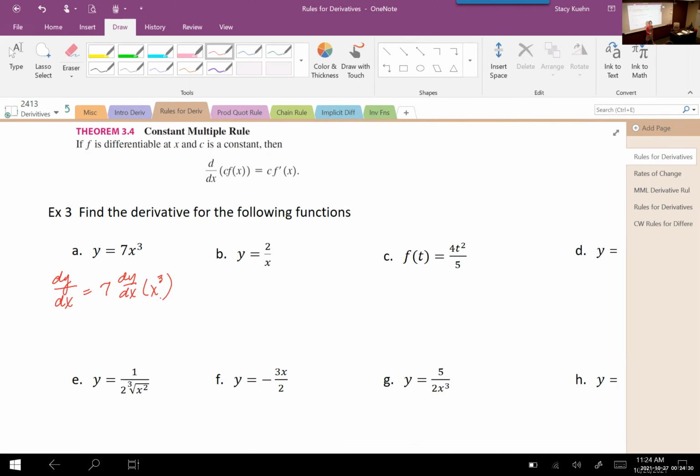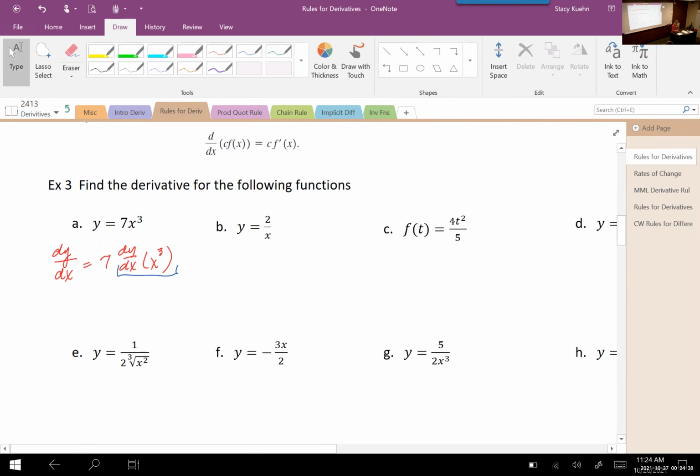That's what that says if you ever see it like that. In other words, take the derivative of x cubed. So we have 7 out here. The derivative of x cubed is what? 3x squared. So then the value would be 21x squared when we simplify it.